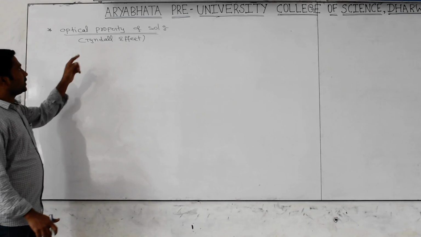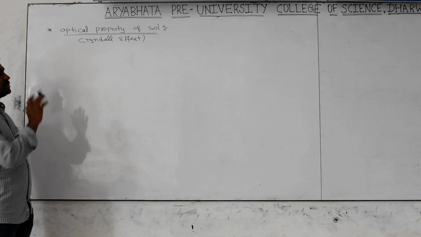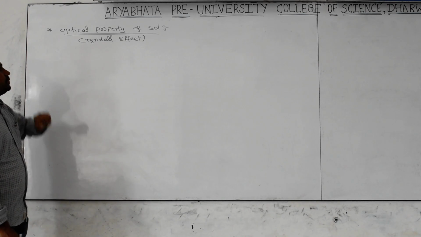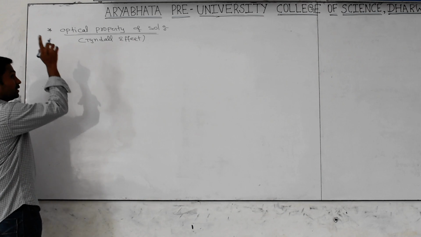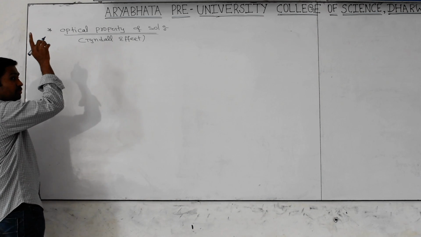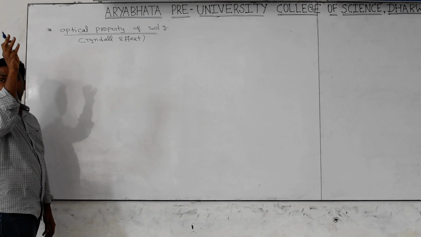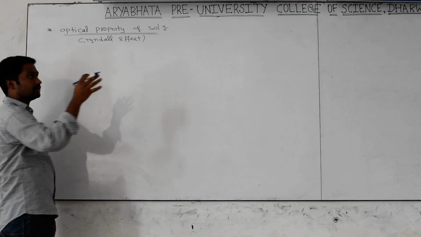Another property is important for board as well as competitive examinations. The definition will be asked: what is the Tyndall effect? Indirectly, it is the optical property of the sol. We were already discussing this in the introduction class of colloids. Solutions do not show the Tyndall effect, while colloids and suspensions do.